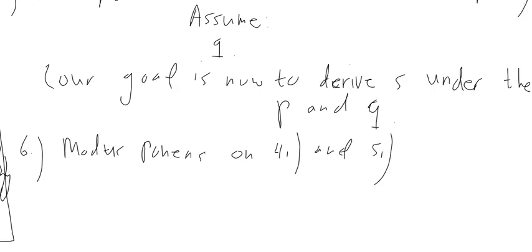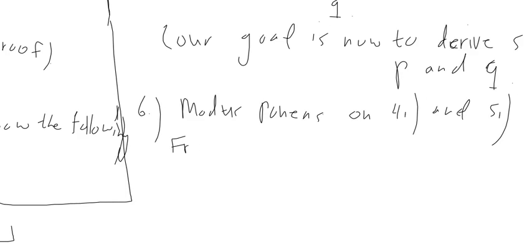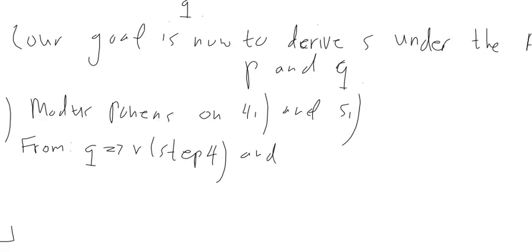So if I use modus ponens on steps 4 and 5, I'm going from Q implies R, which was step 4, and the assumed Q from step 5.